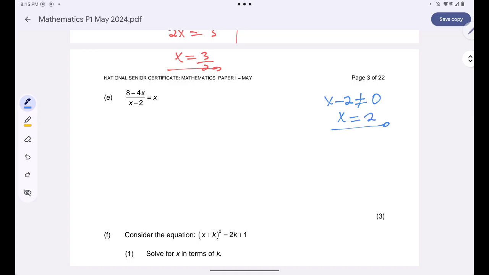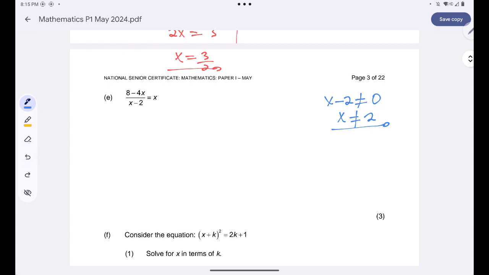Whatever x value I find, it cannot be equal to positive 2. Why is that? Because whenever I substitute x back to the original equation, my denominator will be 0, and I don't want to have a denominator of 0 in maths because that will give me undefined.